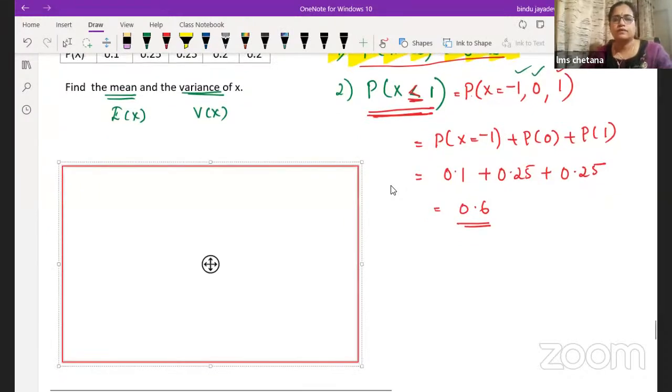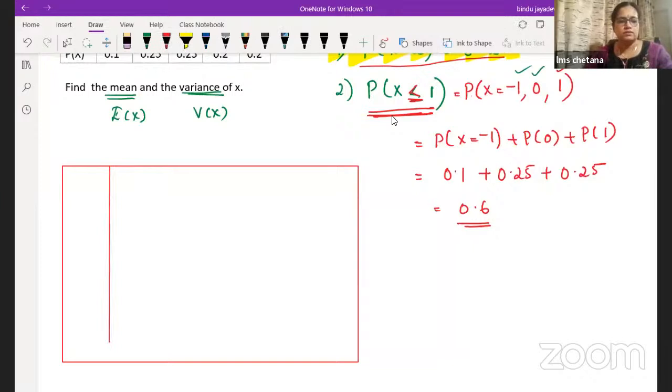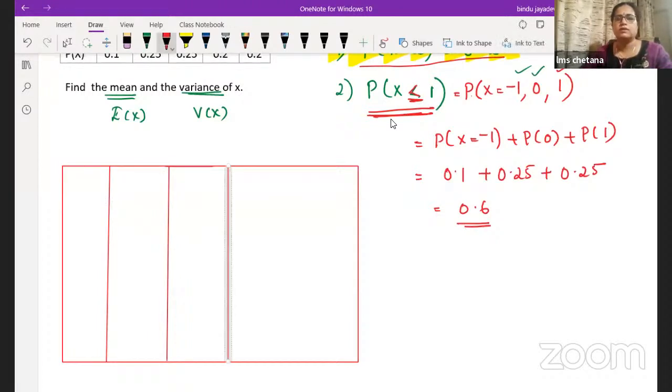Okay. One, two, second column, third column, four and 5.